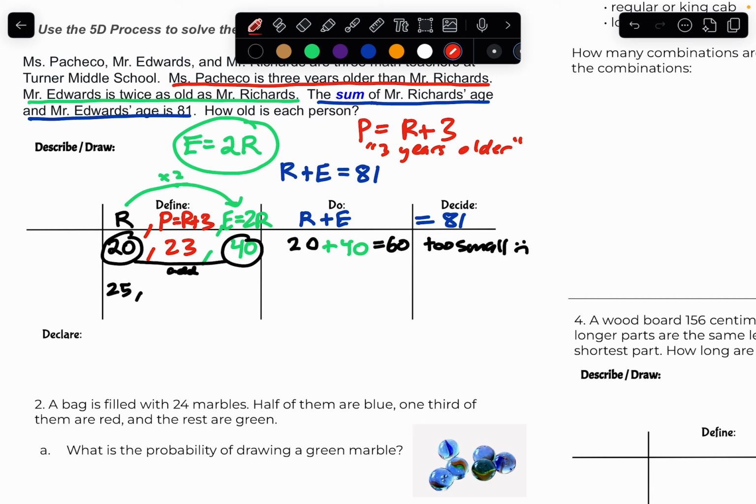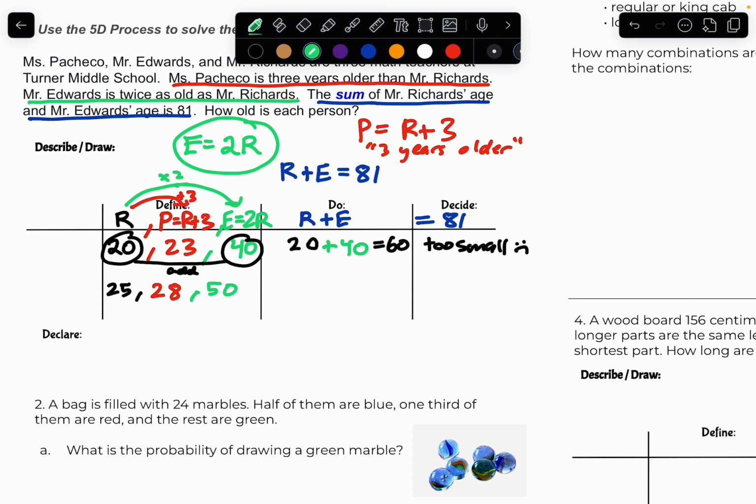Remember, to find Miss Pacheco, all we got to do is add 3. So if I add 3, I'll get 28. And then for Mr. E, all I need to do is multiply by 2. So 25 times 2 would be 50.